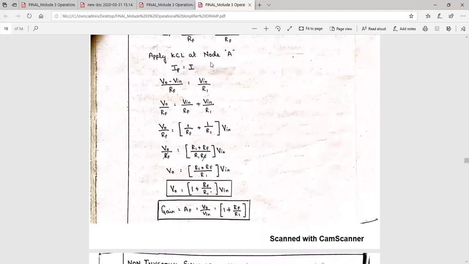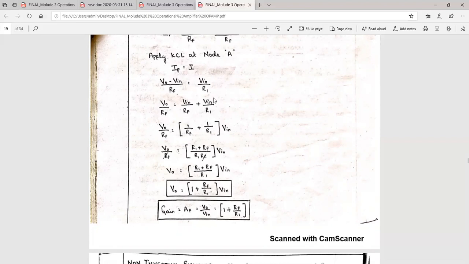So when we apply KCL at node A, IF equals I, where IF is V0 minus V in by RF, which is equivalent to V in by R1. Now, when you rearrange the equation by shifting the minus V in by RF to the right hand side, the equation becomes V0 by RF is equal to V in by RF plus V in by R1.